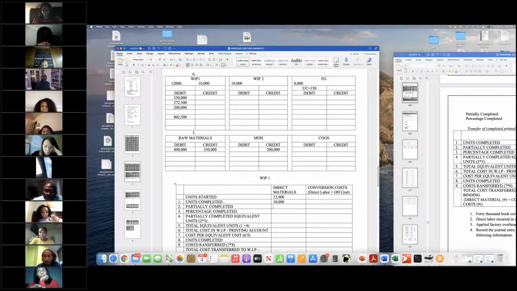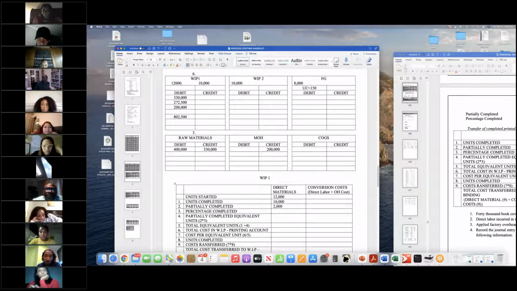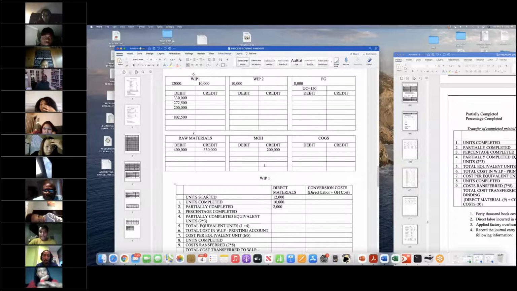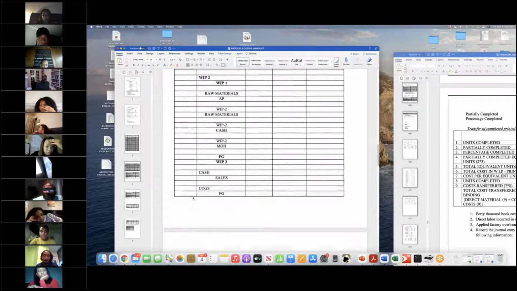Is it 8,000? No. Is it 2,000? That's a better number, 2,000. So we started 12,000, we completed 10, so 2,000 are partially complete with respect to raw materials.